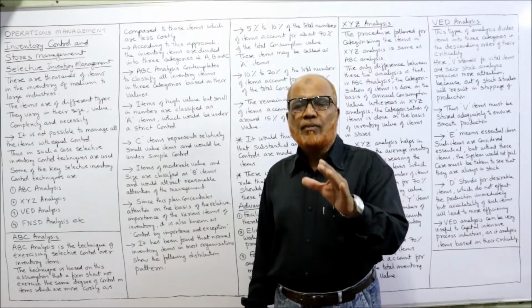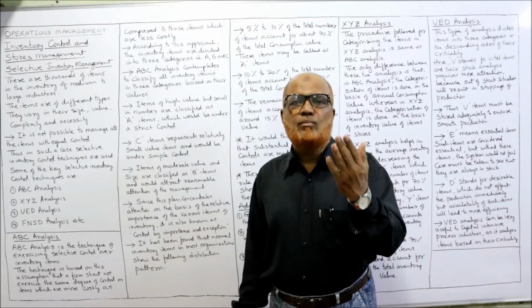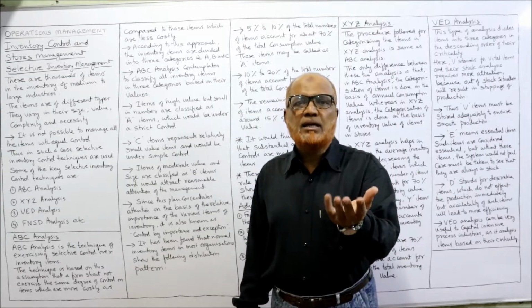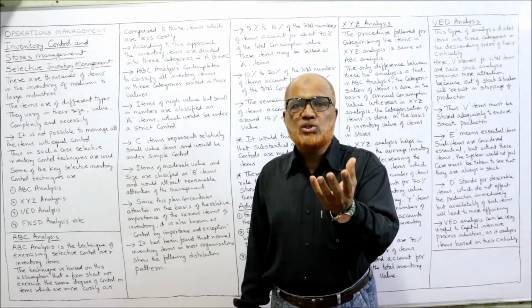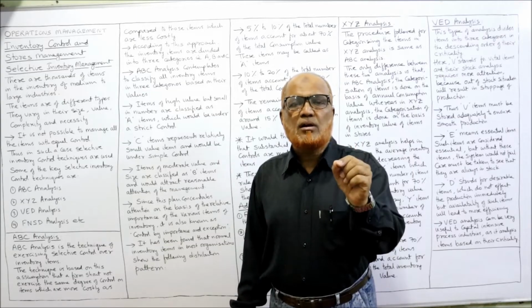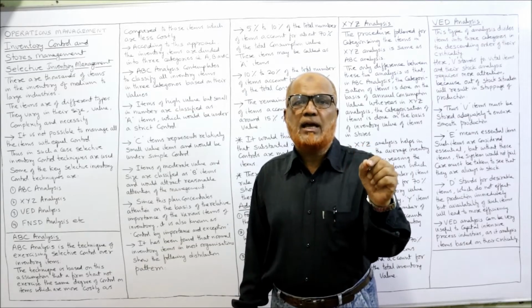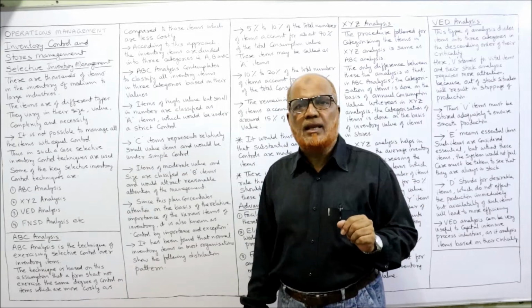A category items are those items whose value is more but the number is less. Few items are there, but the value of those few items of inventory is very high. Strict control should be applied on A category items, whose value is more but the number is less.